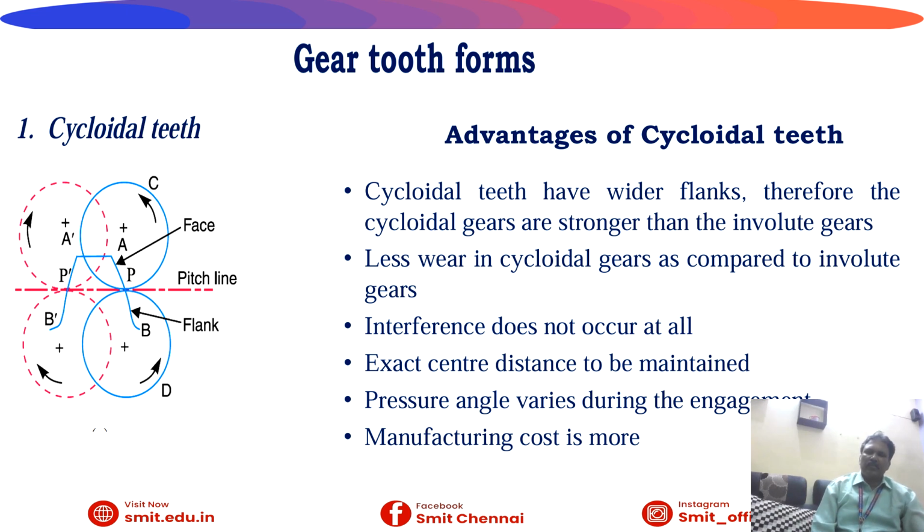Exact center distance has to be maintained. Pressure angle varies during the engagement. Manufacturing cost is more. One important advantage is clearly given here: less wear. Exact center distance will be maintained.